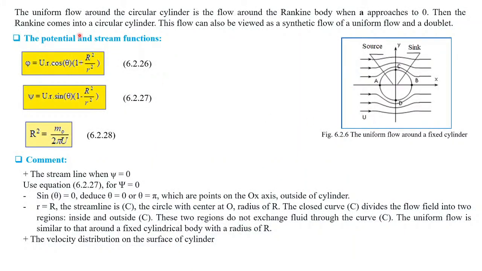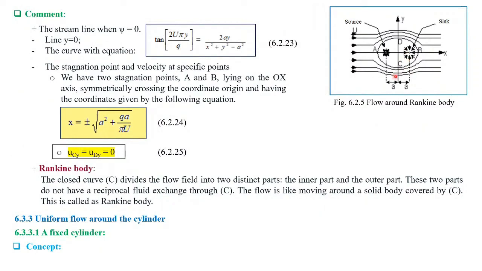The uniform flow around the circular cylinder is a flow around the Rankine body when I approach 0, and you see this concept, you return to here. This is a Rankine body.